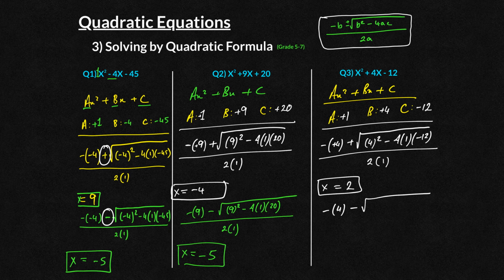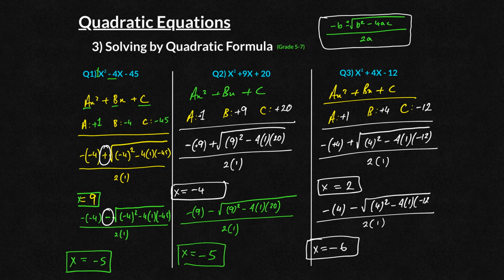Square root, so take away the square root of 4 squared minus 4 times 1 times -12 all over 2a, which is 1. If you do that in your calculator, you end up with an answer of -6.